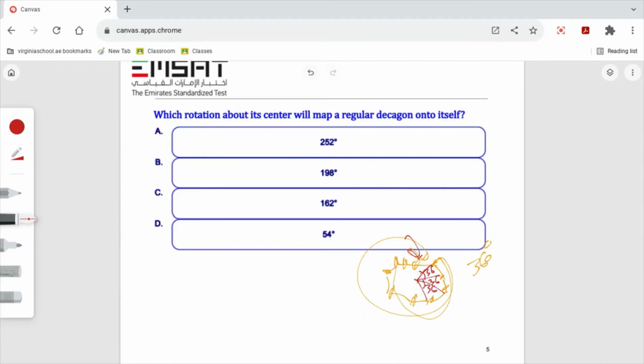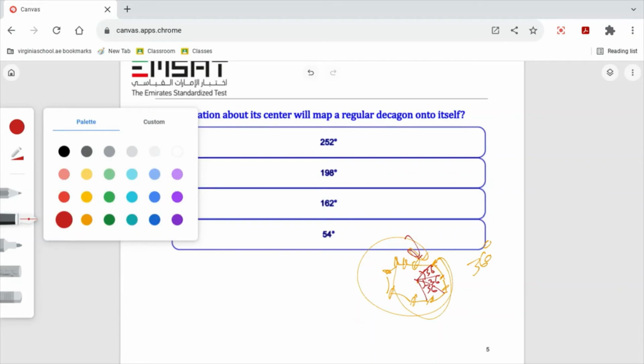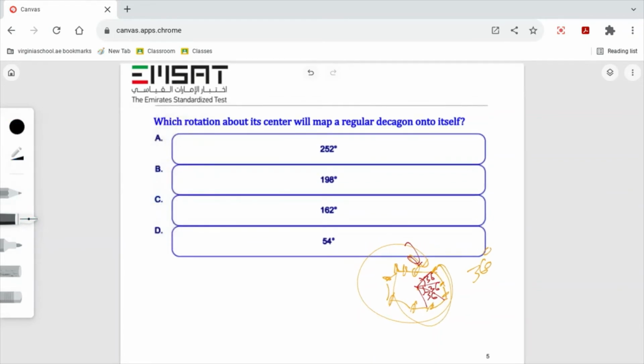So now we have to divide whichever option is given as an angle, and see which answer gives you an integer value. We will divide the first option by 36. We will see what answer it gives. 7. 7 is an integer number. That's correct.